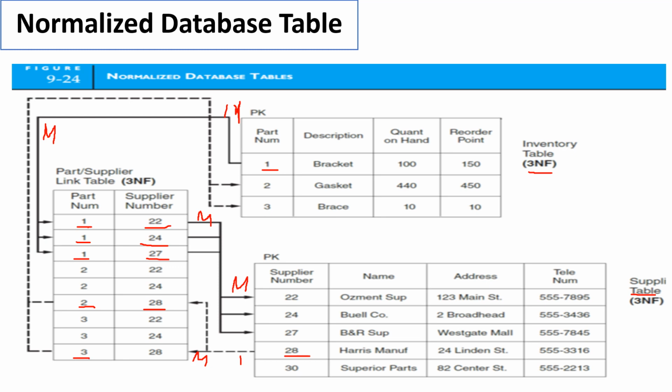And when you see the inventory table, items 3 and 2 are here. So we say many to many, because in this table it is many, and it is connected to this table.